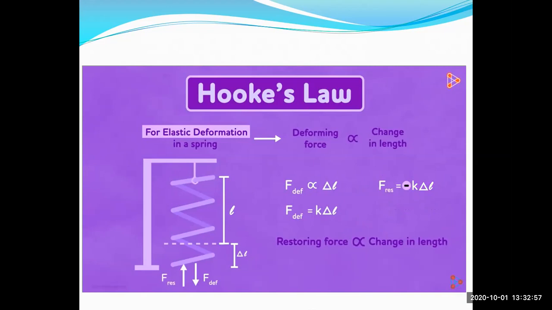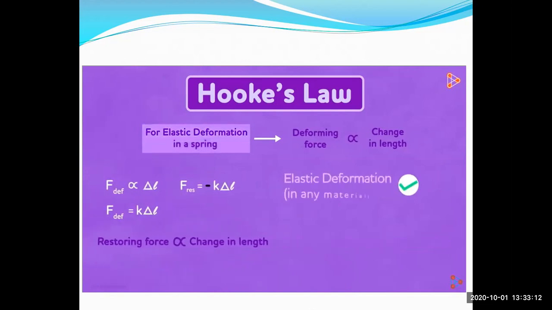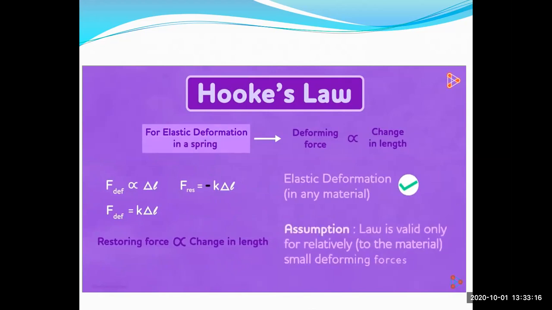The negative sign only tells us that the restoring force is opposite to the direction in which the length is changing. Another thing is that this law is not only valid for elastic deformation in a spring, it's also valid for elastic deformation in any material. But there is an assumption that this law is valid when the forces and deformations are relatively small.